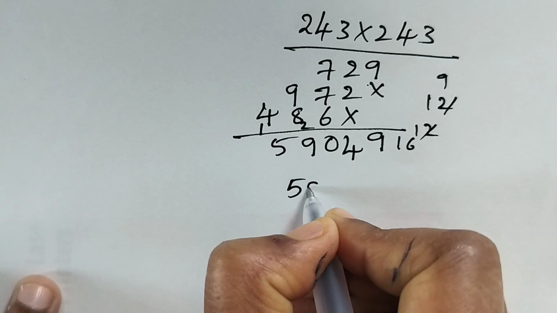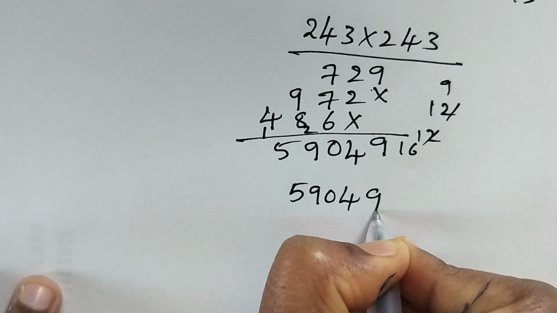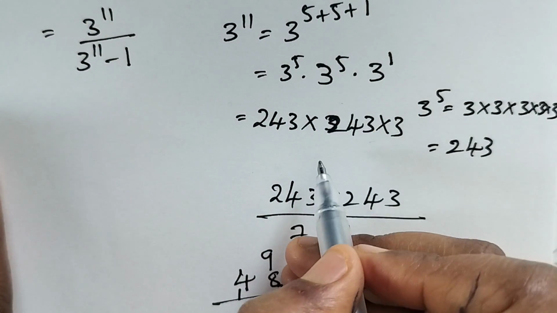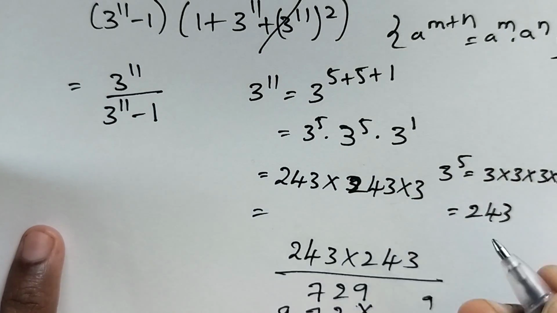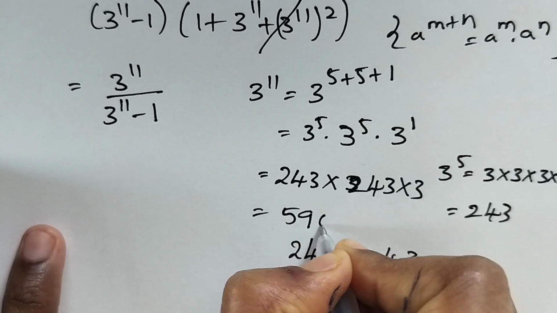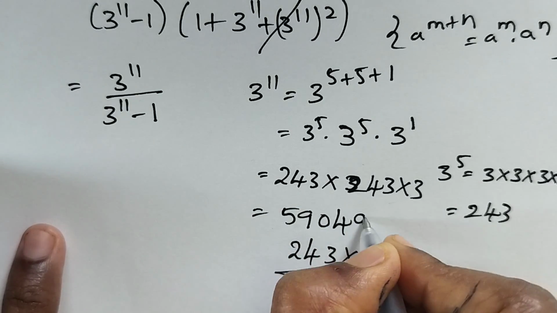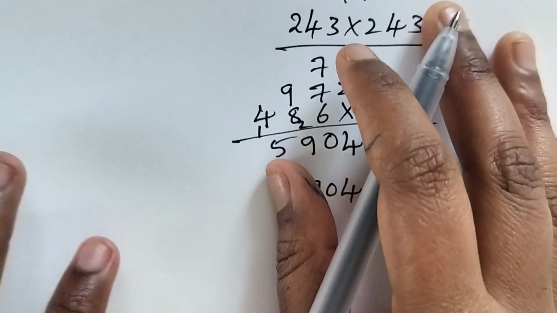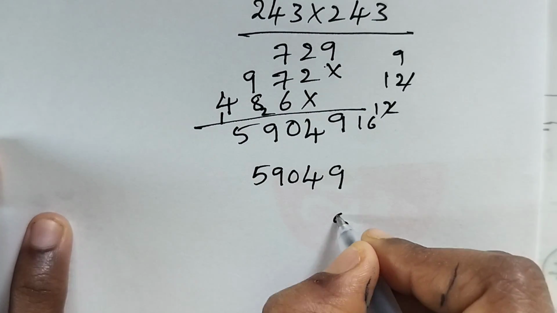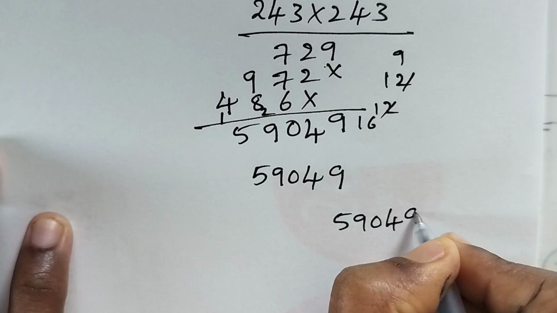So here 243 times 243 is 59049. Now multiply these two terms, 59049 times 3.